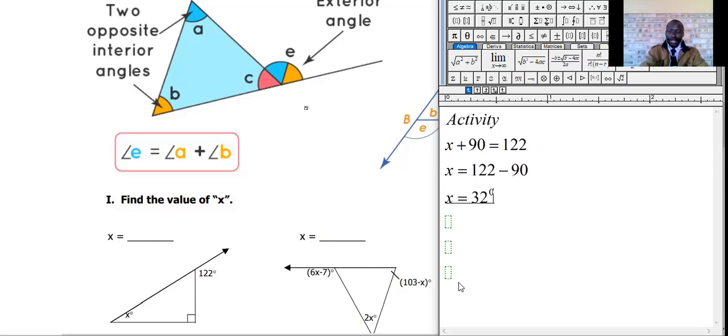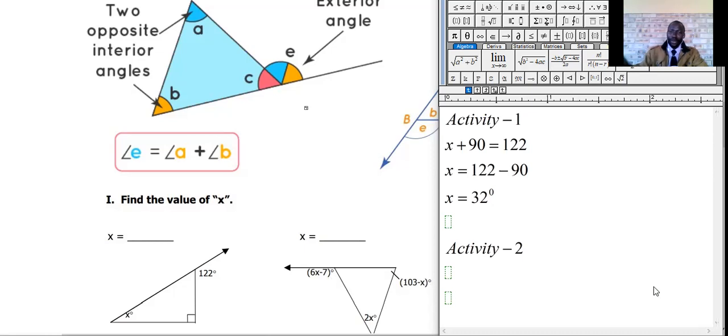So in the second activity, if this was the first activity, then we say activity 2. In the second activity, we are supposed to find the value of X. How do we do that? We have to add these two interior angles, 2X and this other one here, 103 minus X. We make it equal to 6X minus 7.